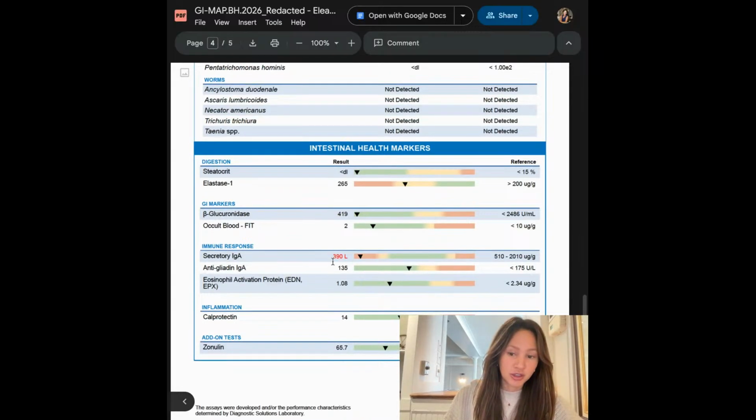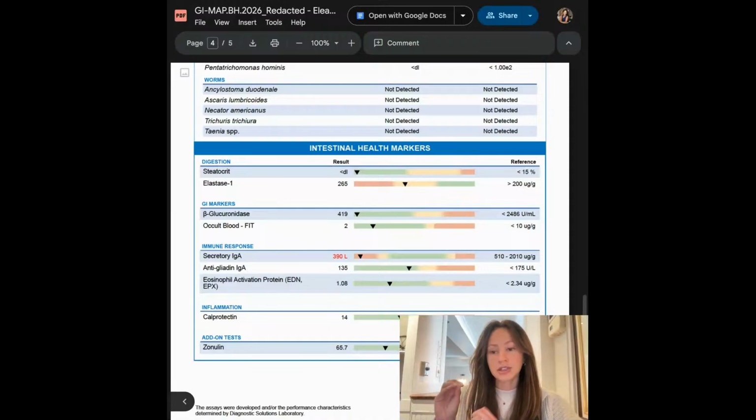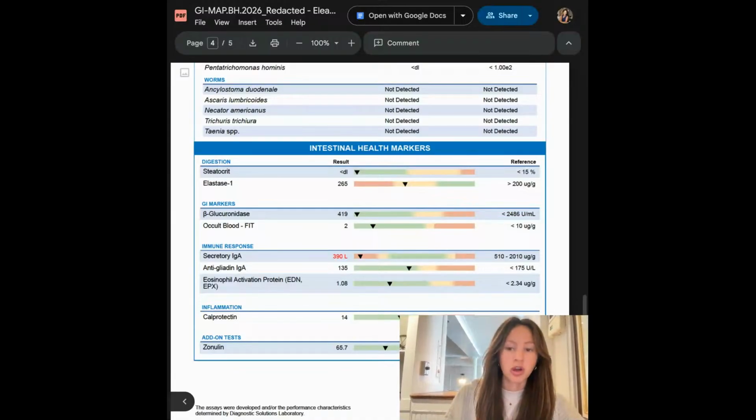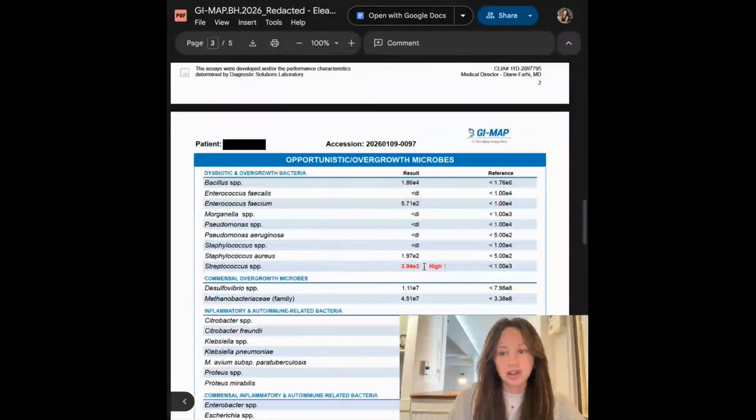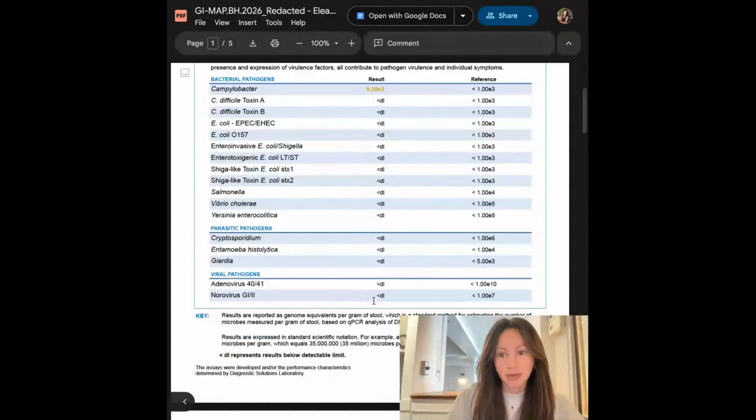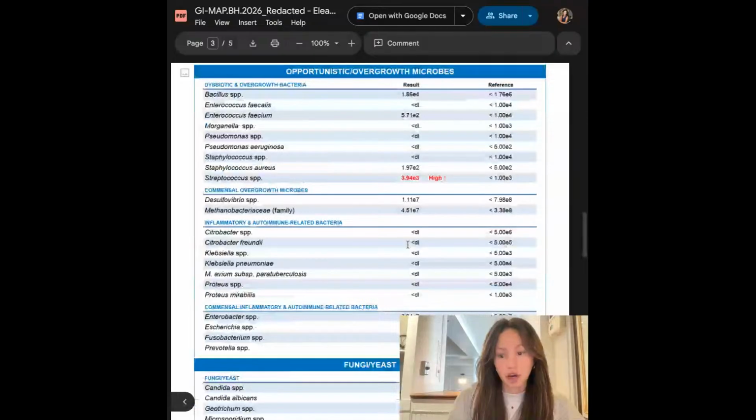And his immune response right now is not fortified enough to really address those infections by themselves. And so this would be a big part of our treatment protocol, to make sure that we're supporting his immune system, so that we can eradicate the red flags that we're seeing here.